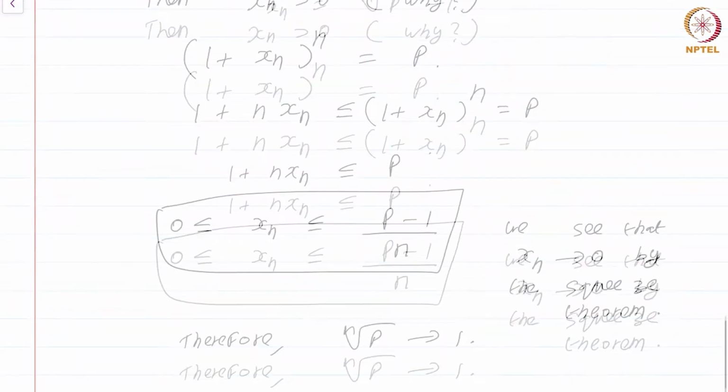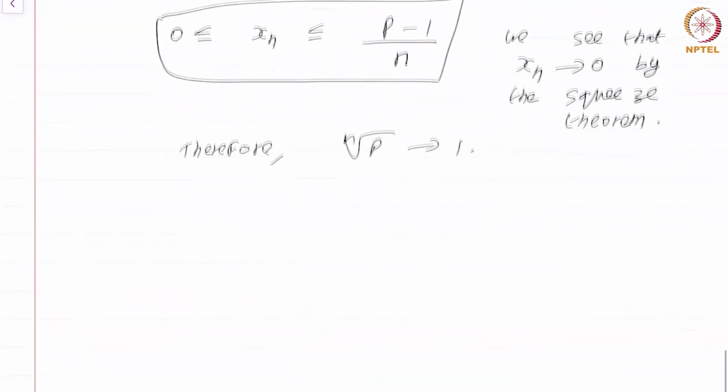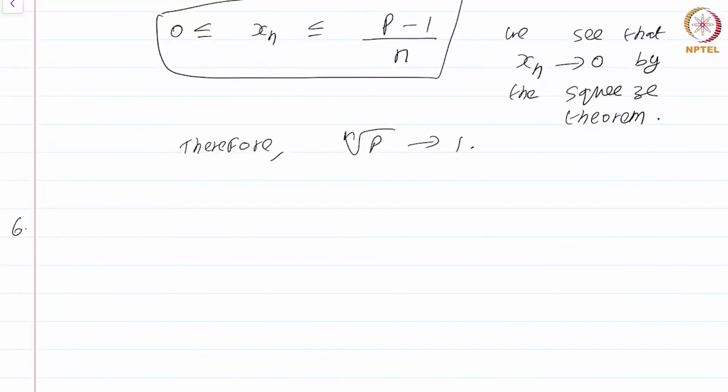Okay. Now on to the next example, which is example number 6. We do the same thing that we have been doing, except with a more complicated twist. Nth root of n converges to 1. Okay.